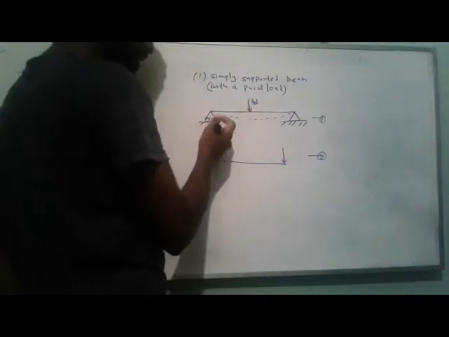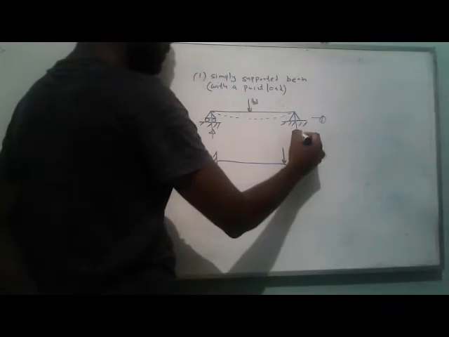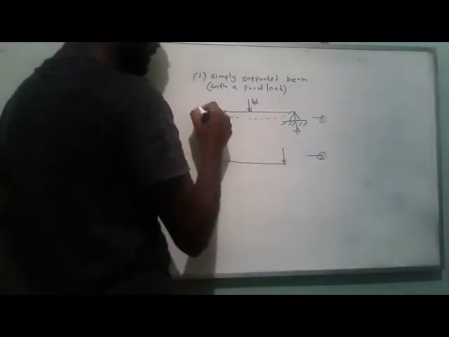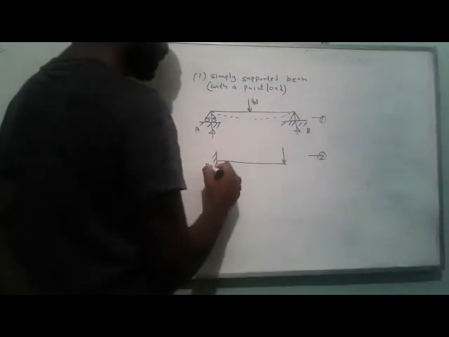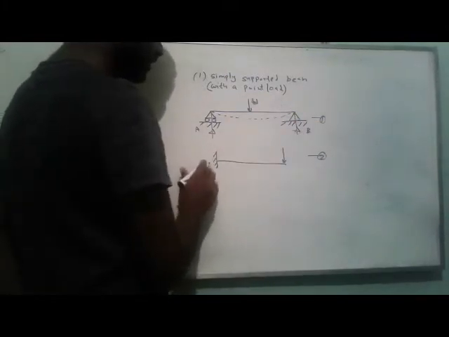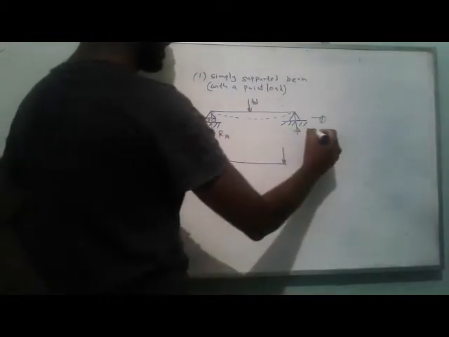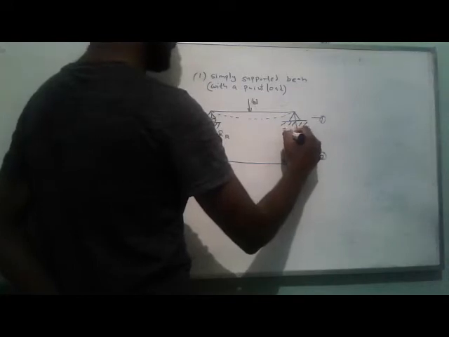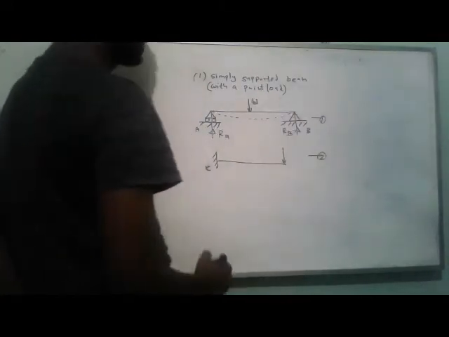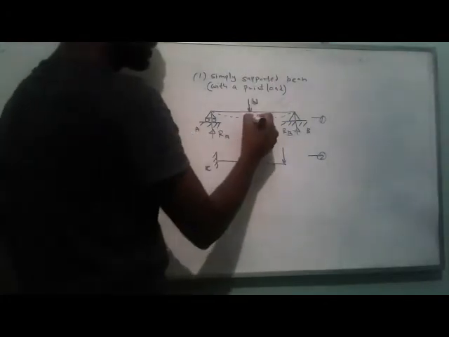You think that due to this support, there may be a reaction in upward direction. Let's consider this point as A, this point as B, this point C, and this reaction is equal to RA. Let's think this reaction is RB. This load acts at the middle of this beam.